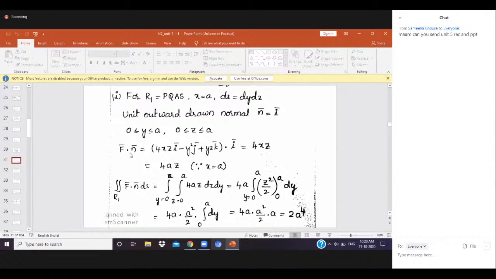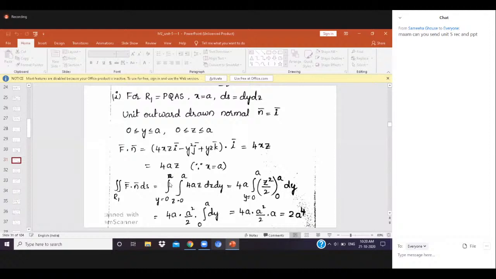So f bar dot n bar becomes 4xz, because i dot i equals 1, remaining all 0. But we are integrating here with respect to z and y, so the x value we need to replace, x equals a, so 4az.